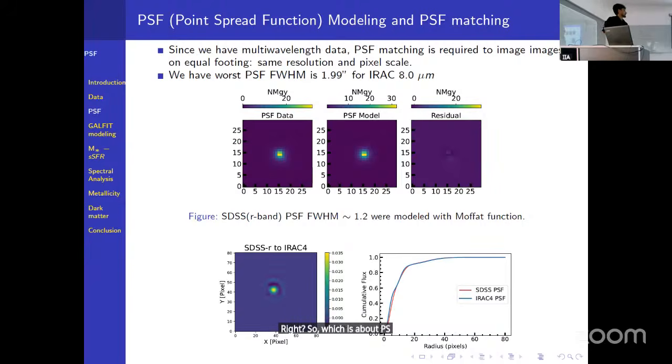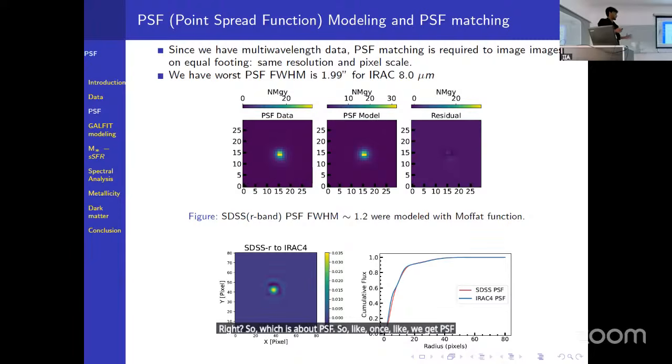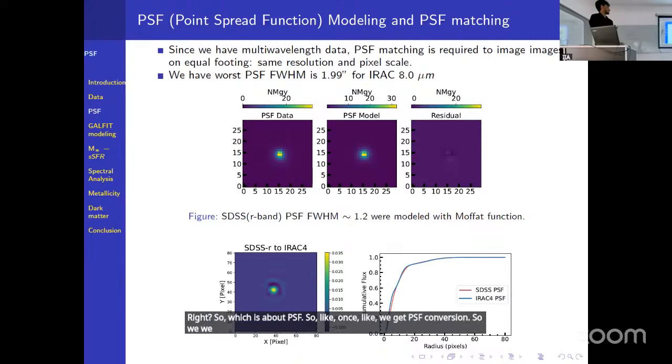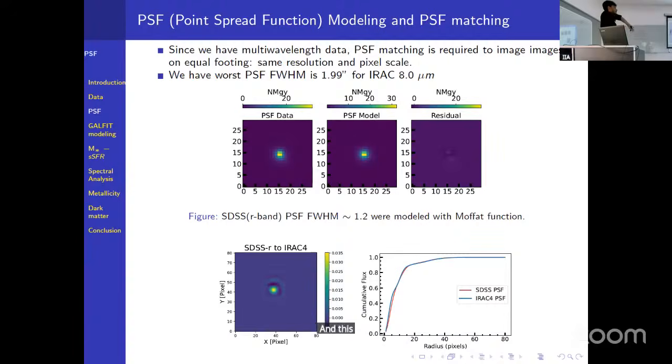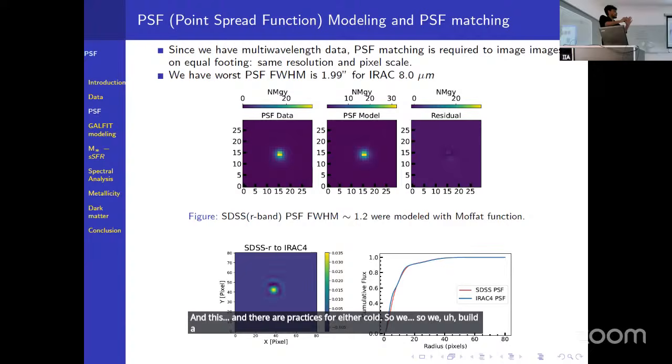Once we get the PSF conversion, we convert all PSFs using this PSF matching kernel. Basically, say we have the SDSS r band PSF, which is very narrow, and we have the fat PSF of the IRAC 4 band. So we build a kernel which transforms the r band PSF into the IRAC 4 band PSF.